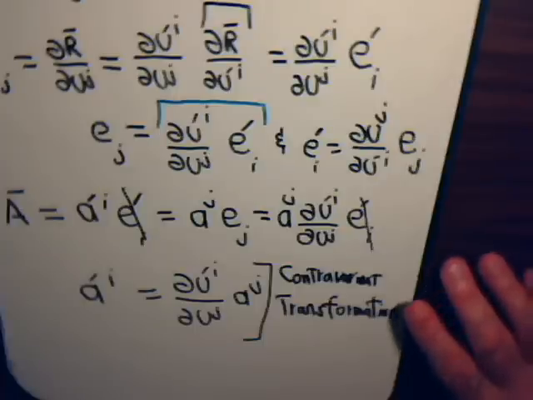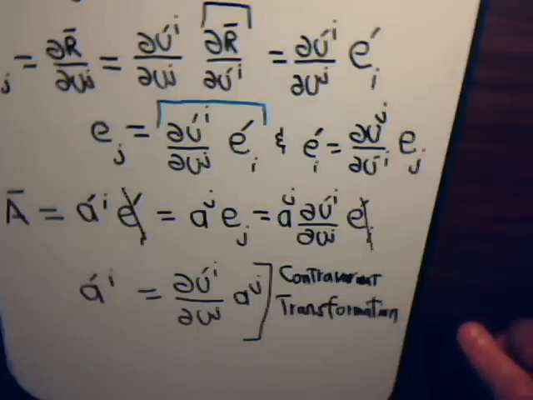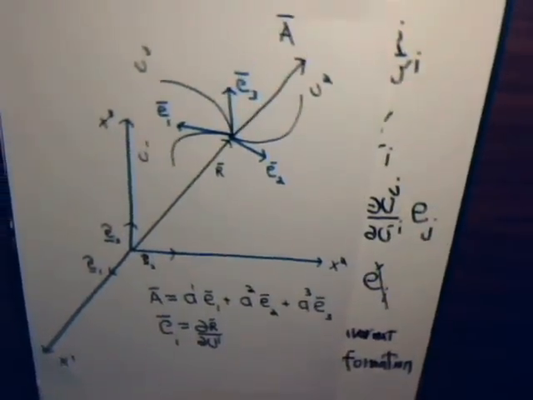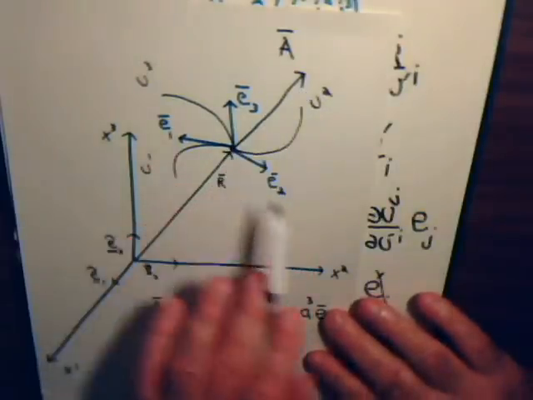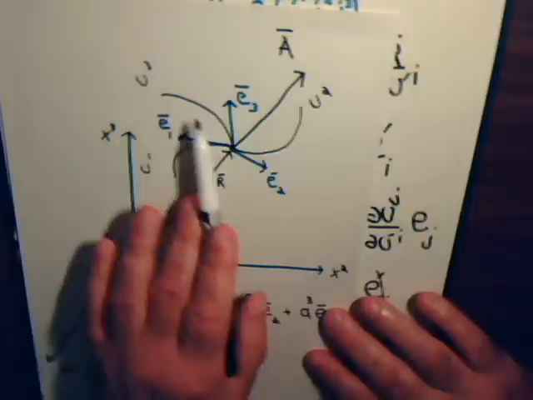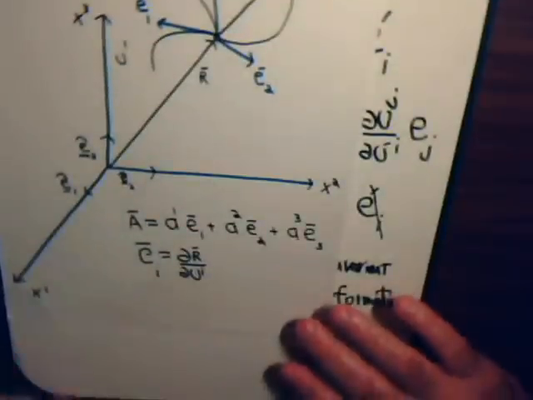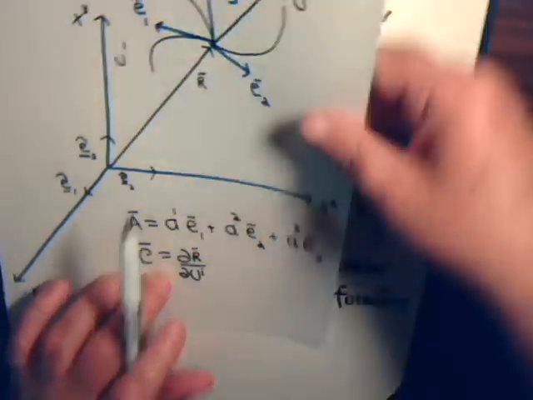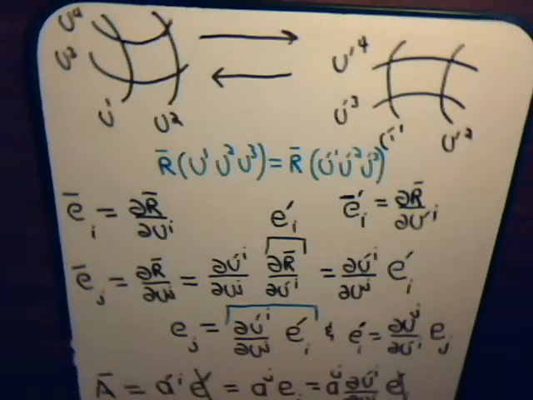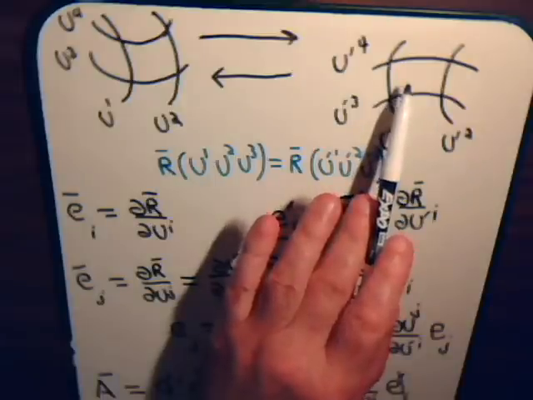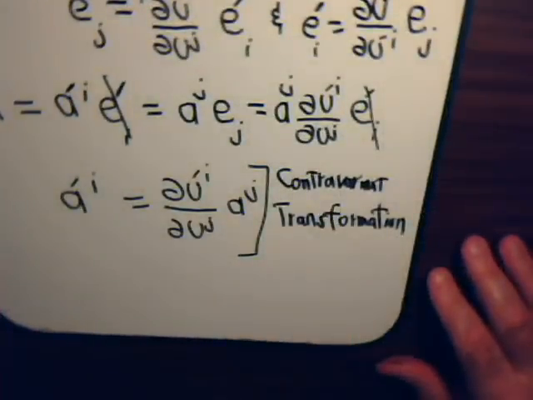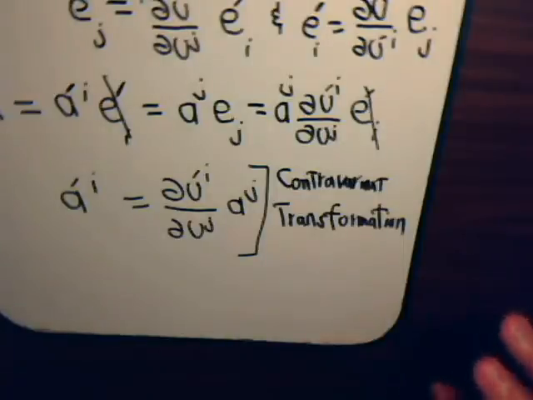If you remember from the earlier videos, and we'll write them out explicitly what we did before, but the point then is this, that if we have a vector and we consider its components along each coordinate axis, and we designate those components with an uppercase letter, then when we transform from one coordinate system to another coordinate system, it behaves just like a contravariant transformation that we had looked at in the previous videos.